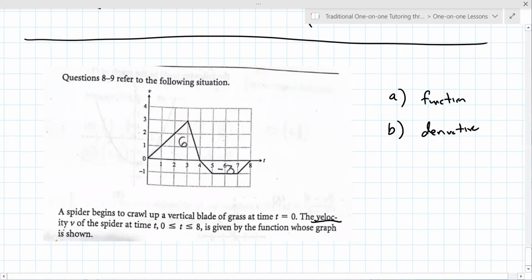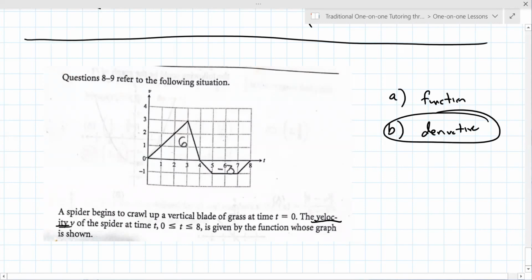So see where it says velocity? Uh-huh. That means it's the derivative, and it's really important. This is not the graph of the original function. This means something different when it's above the x-axis. Like what this means is its velocity is 0, its velocity is 1, its velocity is 2, its velocity is 3, its velocity went down to 0.